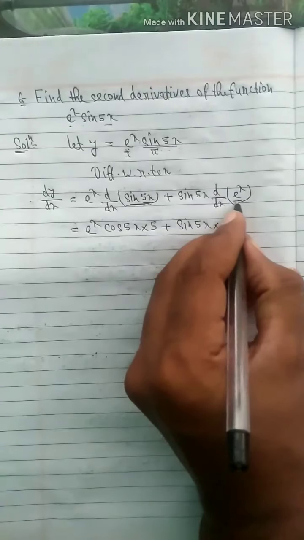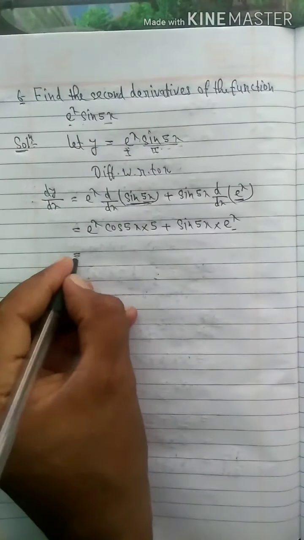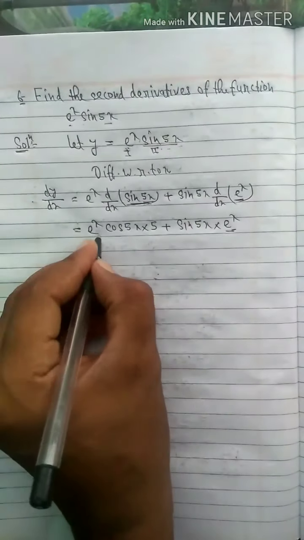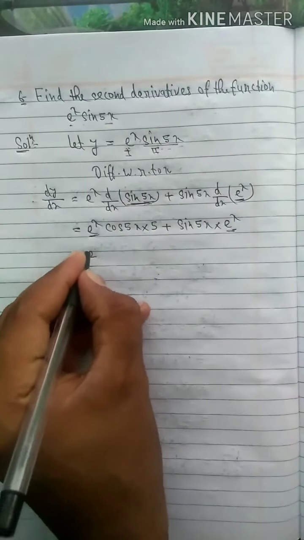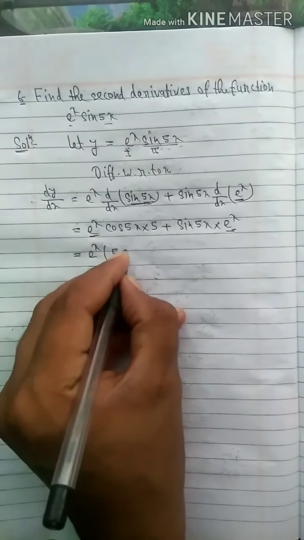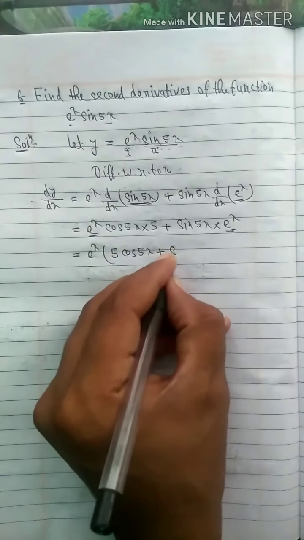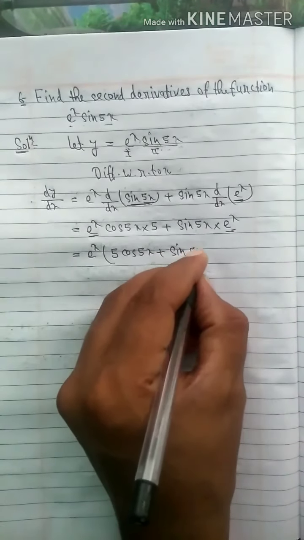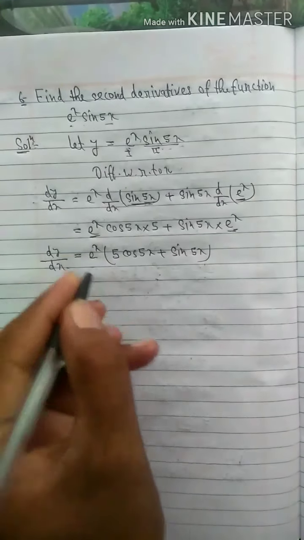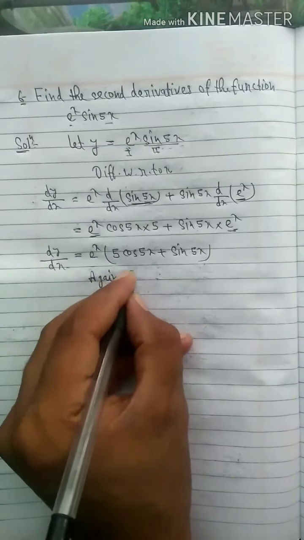The differentiation of e to the power x is the same e to the power x. Now simplify this. See here e to the power x and here e to the power x, so taking the common factor e to the power x, from here left 5 cos 5x, and from here plus sin 5x. So this is the first derivative.